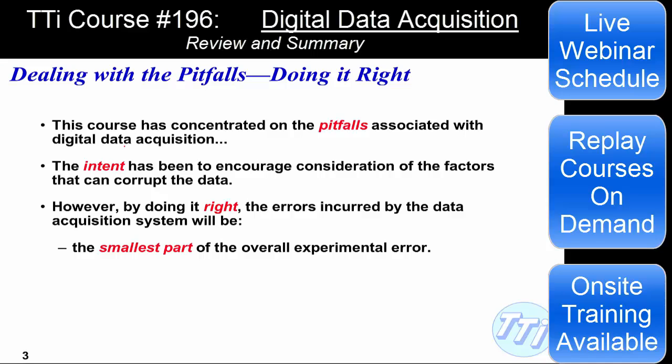But what we've done is we've tried to encourage consideration of the things that might corrupt the data. And of course, the full message is that by doing it right, the errors incurred by the data acquisition system will be the smallest part of the overall experimental error.